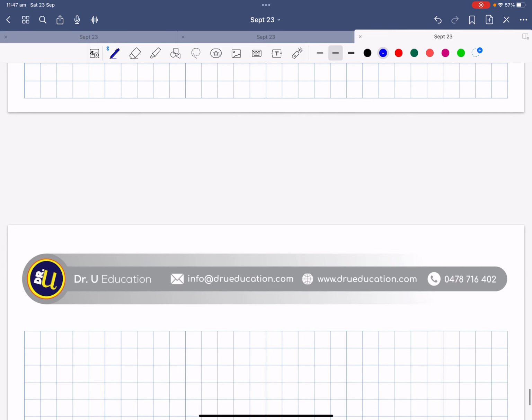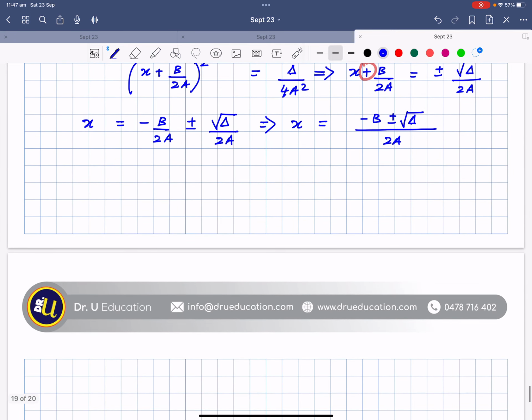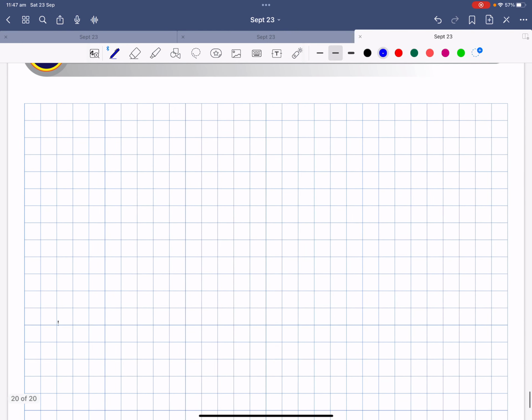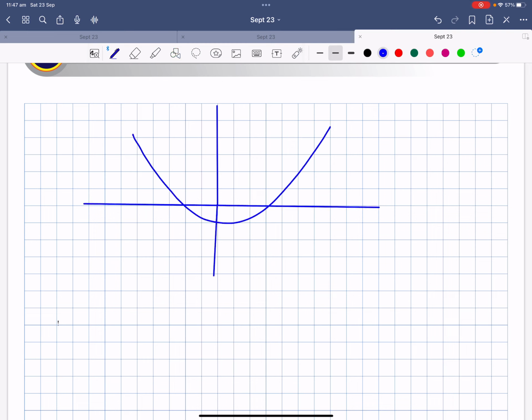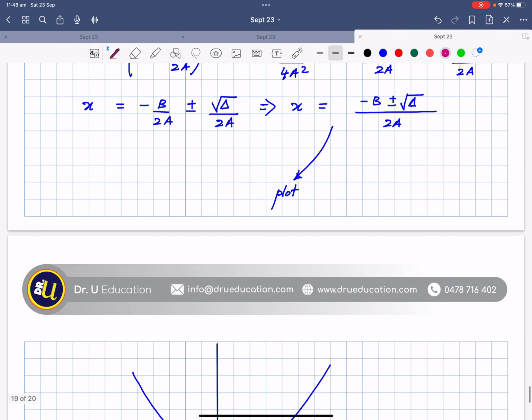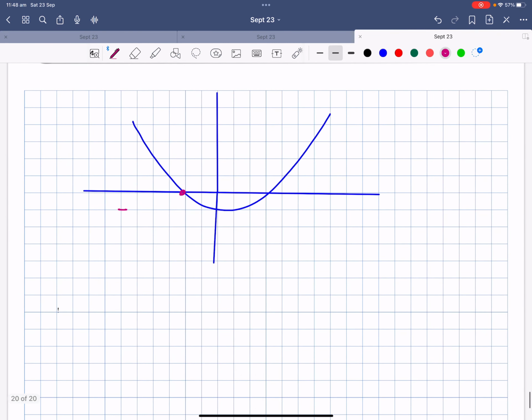Now if you want to visualize this, right, so you have to plot and visualize, right? So we'll try to do that. So suppose it would be like this, then this point over here would be minus b minus square root of delta divided by 2a.